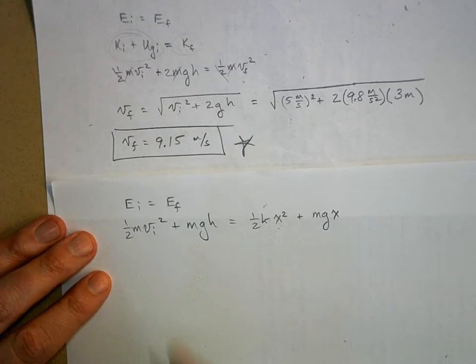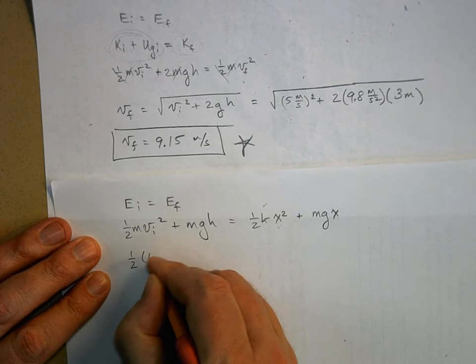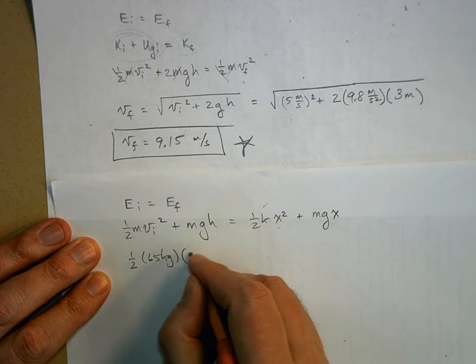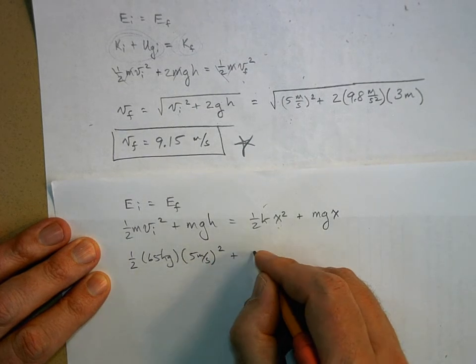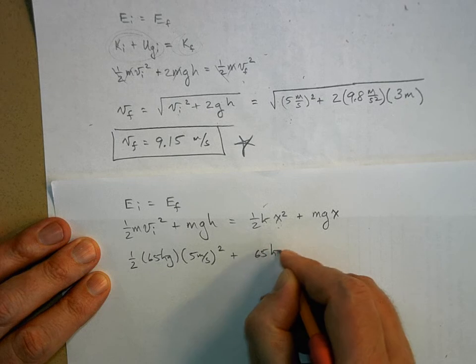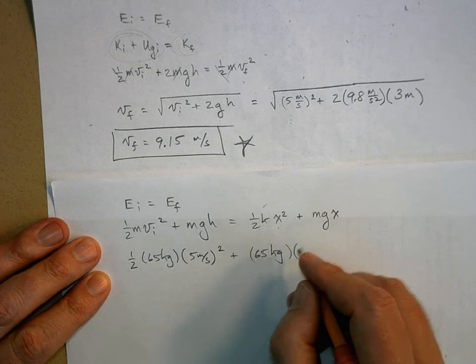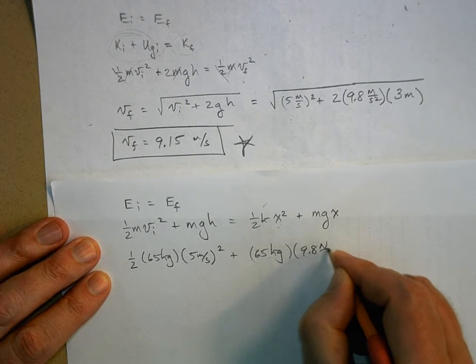So let's figure out what this is. 1/2 times 65 kilograms times the initial velocity, 5 meters per second squared, plus this is going to be 65 kilograms, and then this is 9.8 newtons per meter.